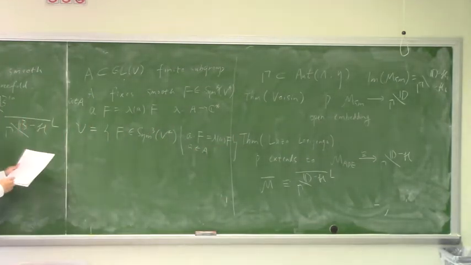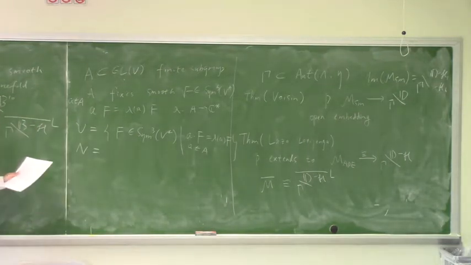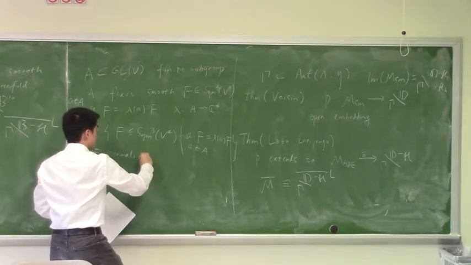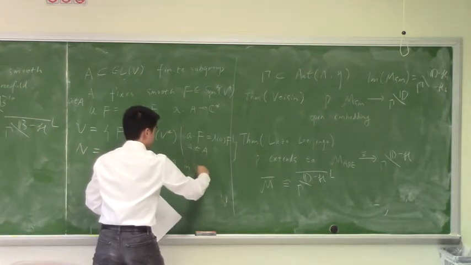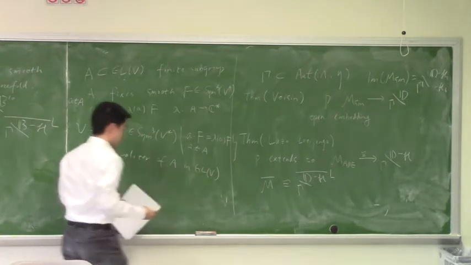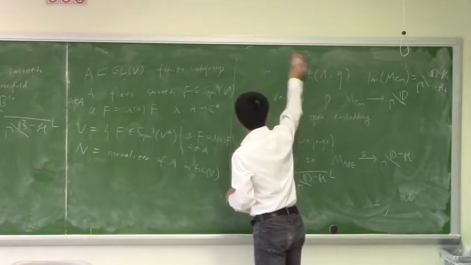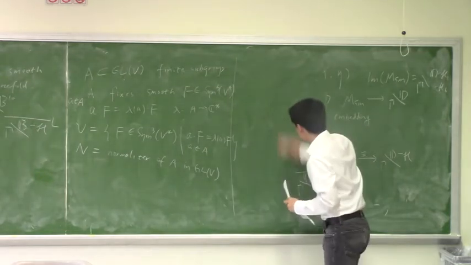We can also form GIT quotients. So first, we need a group. This is usually the normalizer of A in GL_D. So when the character is trivial, it's the normalizer, but when it's not trivial, it's just some finite index subgroup of the normalizer.